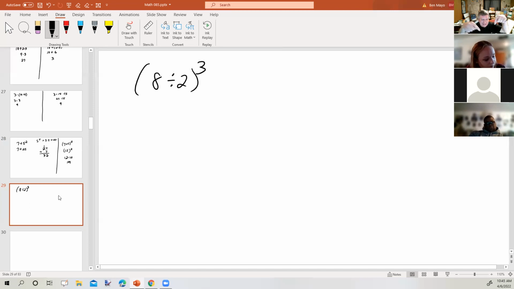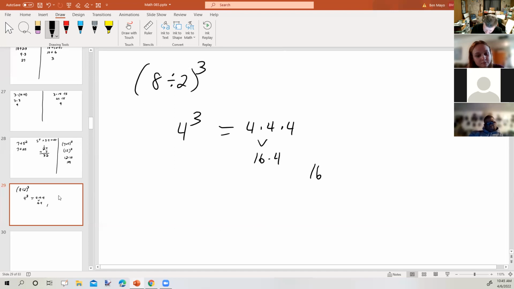So we're going to go inside the parentheses. 8 divided by 2 is 4. So then we're going to get 4 cubed, which is 4 times 4 times 4. 3 factors of 4. 4 times 4 is 16. And 16 times 4 is 64.